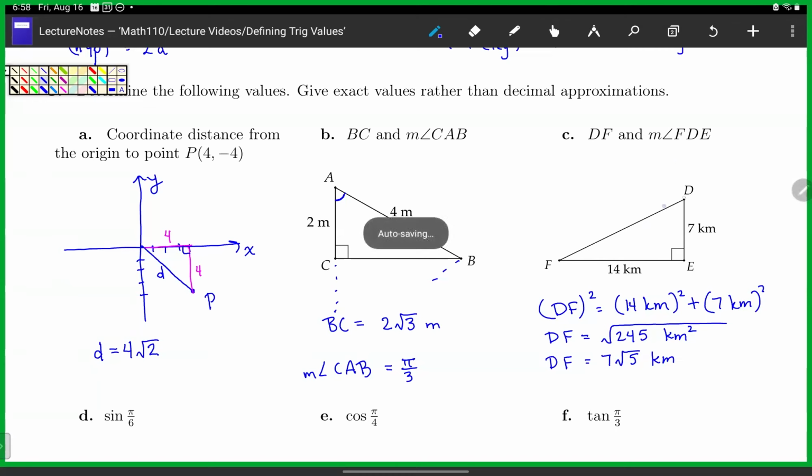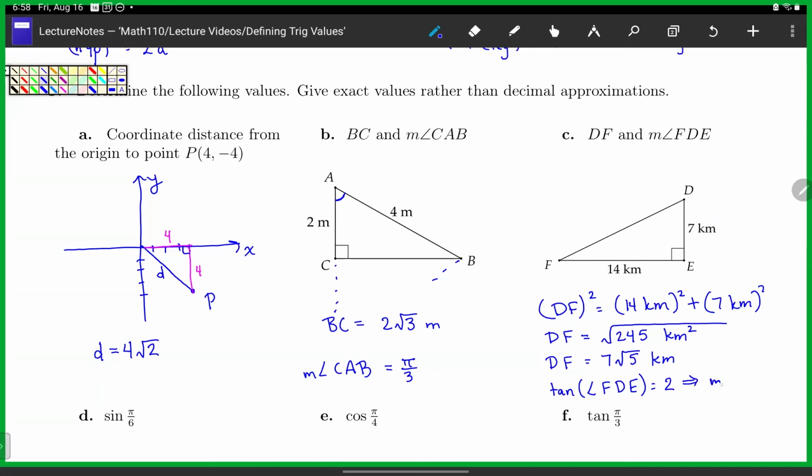Angle FDE, I know that tangent of angle FDE is going to be 2, which is 14 kilometers divided by 7 kilometers, opposite over adjacent. So I'm going to skip ahead a little bit and use the inverse tangent.